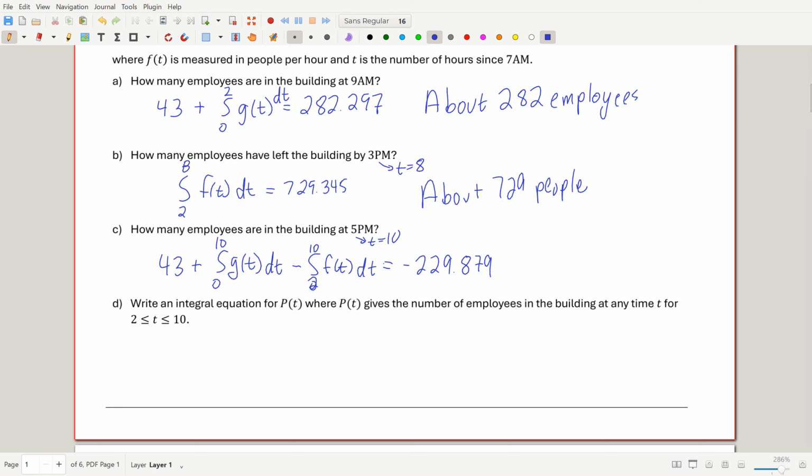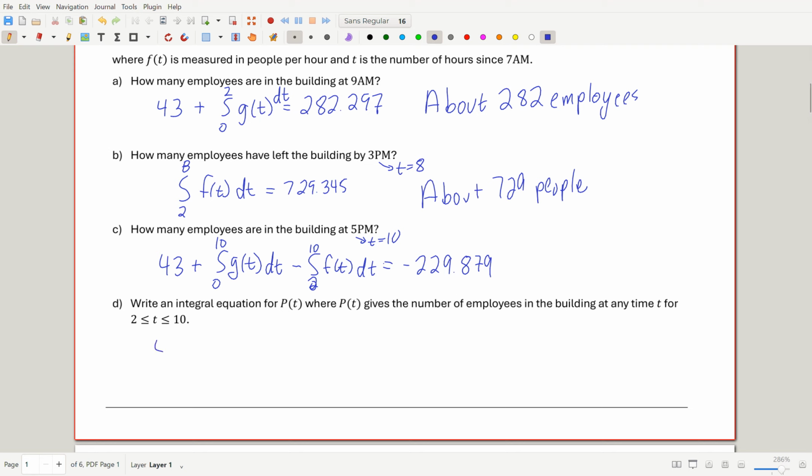Because we're completely restricted from 2 to 10, we're not allowed to put anything bigger or anything smaller than 2 in, so we're never going to have an issue with t not being in the domain. You would have an issue if this was from 0 to 10, because you would have to eliminate the f of t between 0 and 2, because nobody's leaving the building.